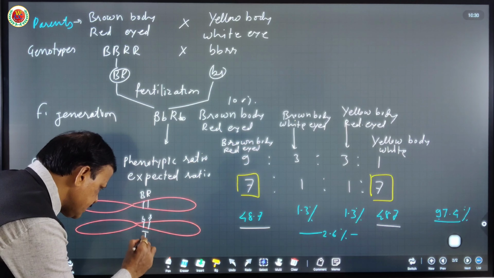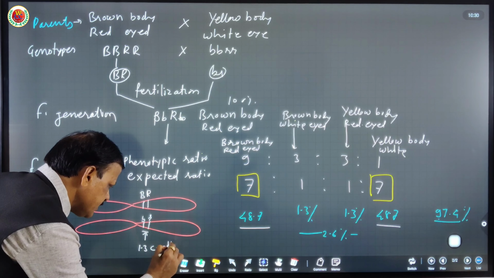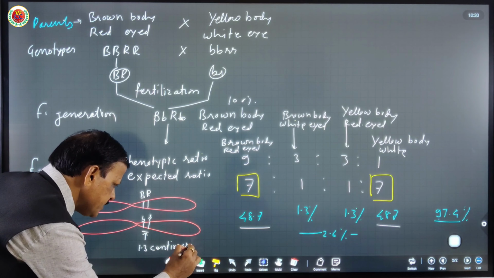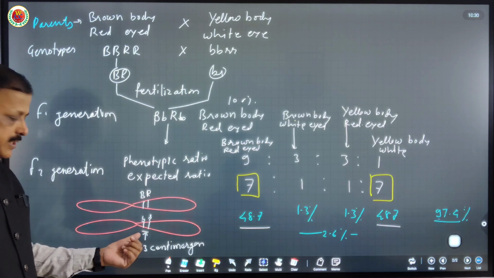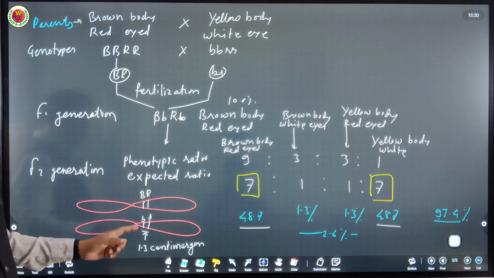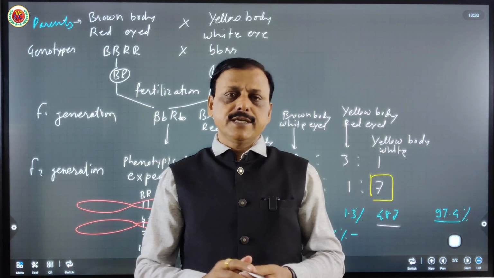This distance is just 1.3 centimorgan. It shows that these genes are very close to each other, and hence they are inherited as they are in their parental form, which we call linkage.